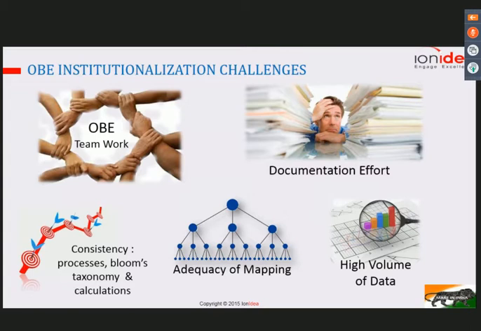So if all the departments or all the programs follow the same consistency in maintaining the processes that they follow in their institutes, that will make it very easy for the management and the institute people to get some of the accreditation, or for platforms such as OBE to be placed. So maintaining this consistency of process or calculations will be very helpful if we have automation tools, right?